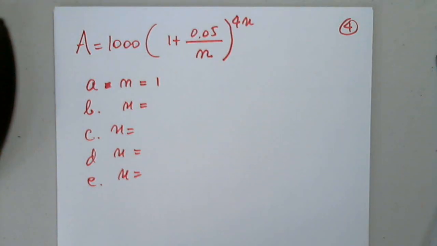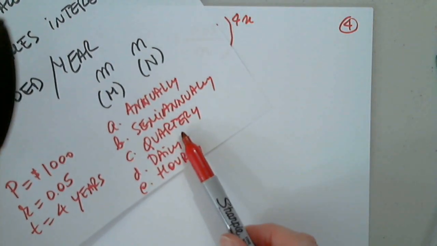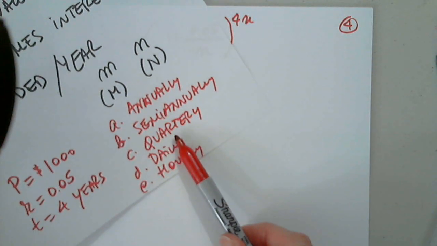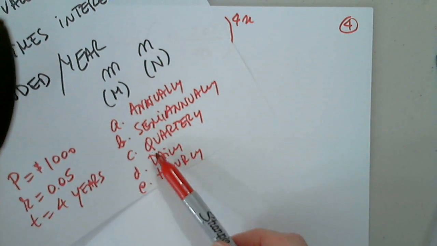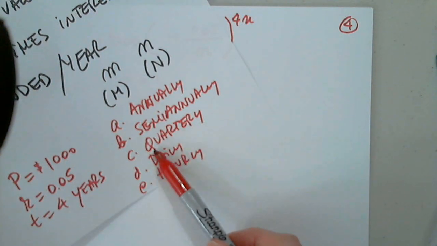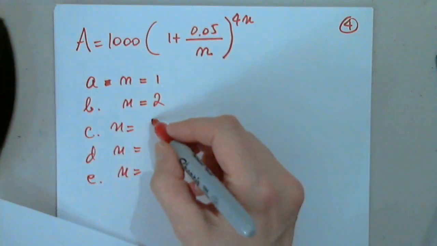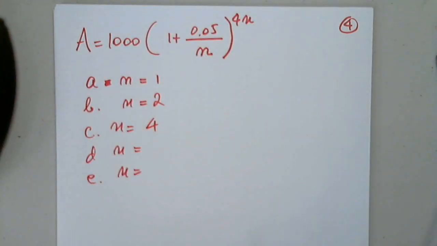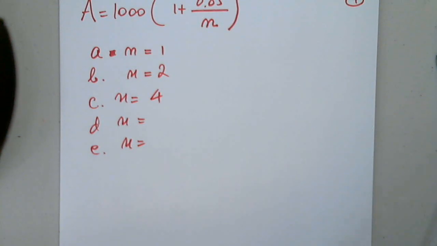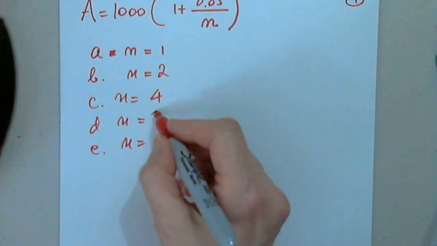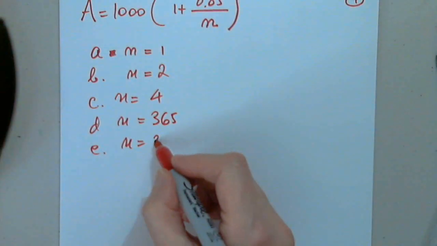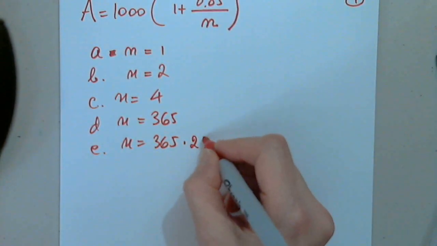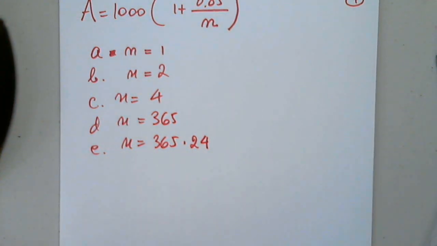B is 2. Good. Nathan, are you with us? Yeah. Quarterly? Oh, that's 4, right? Awesome. Yeah, good. 4. What about daily? Anyone have an idea for daily? 365. I completely agree. And of course, for hourly, since we have 365 days, we have to multiply by 24 hours. Awesome.